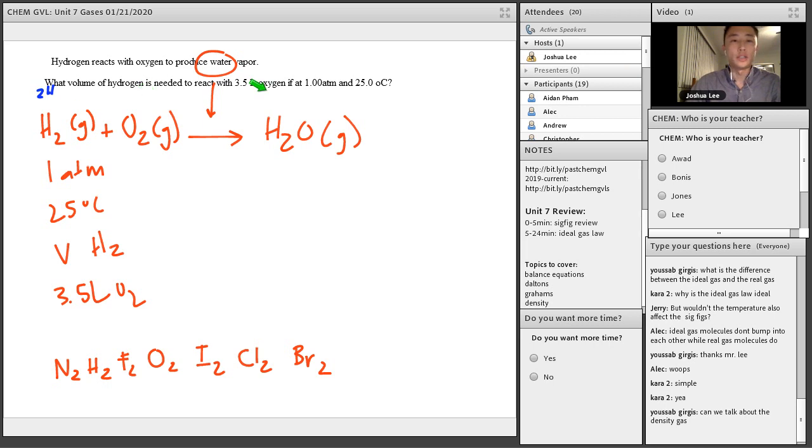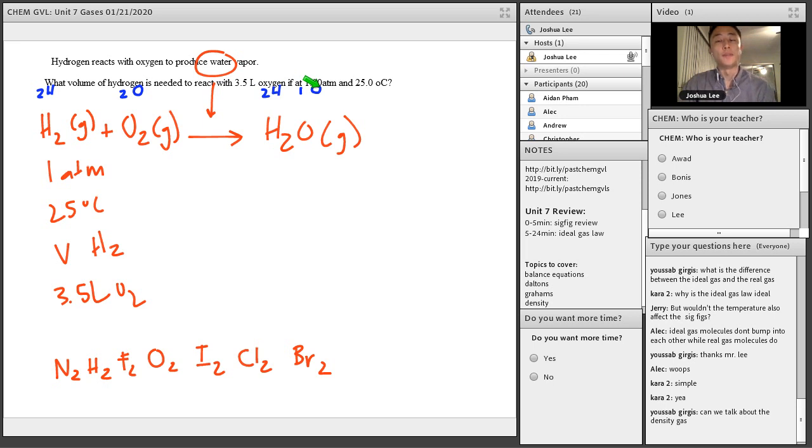There's 2 hydrogens there, and 2 hydrogens here, so hydrogens seem to be good. Then I move on to the oxygen. When you're balancing, you're making the left side equal to the right side, the number of atoms. So I'm counting each individual atom. On this side I have 2 oxygens, but in this case I only have 1 oxygen.